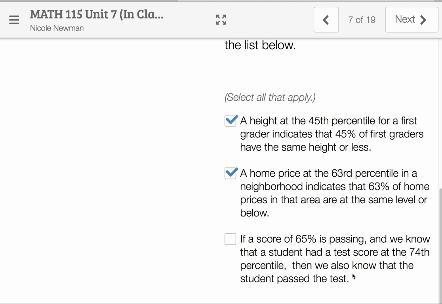I don't think that we know this for sure. 74th percentile, oops, don't believe that blue check. 74th percentile just means that we know that 74% of students were at the same level or below. It could be that they all failed. We don't know what the passing level is. So we do not get that. Percentiles give us a marker within the data set. It lets us know where we fall in the lineup, but it doesn't let us know things like pass-fail.